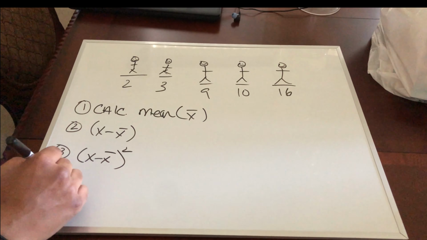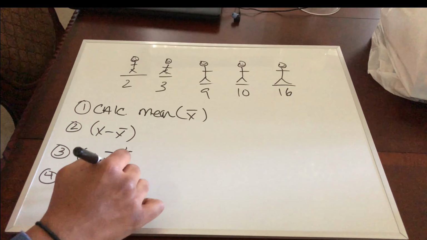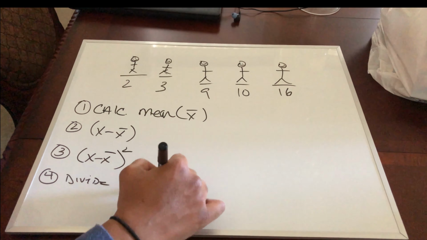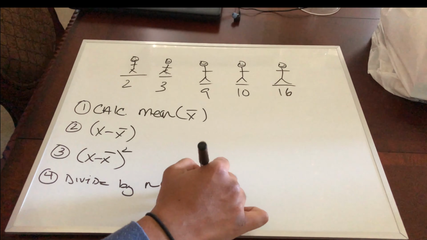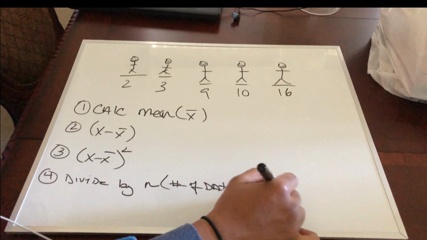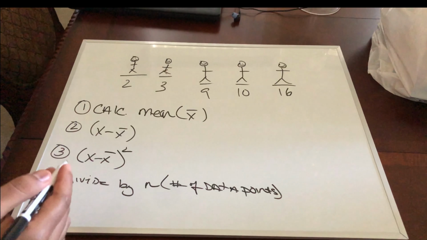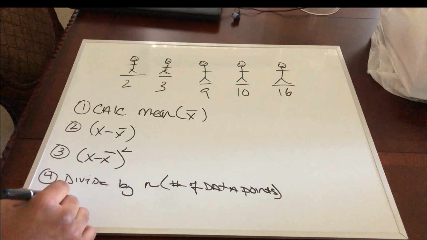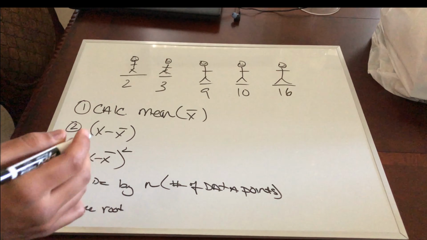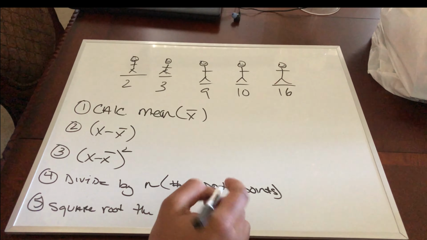And then step 5, you square root that final number, and that will give you your standard deviation.